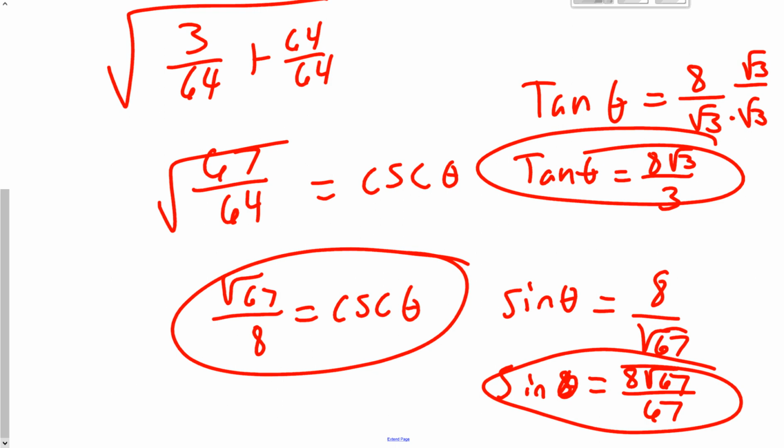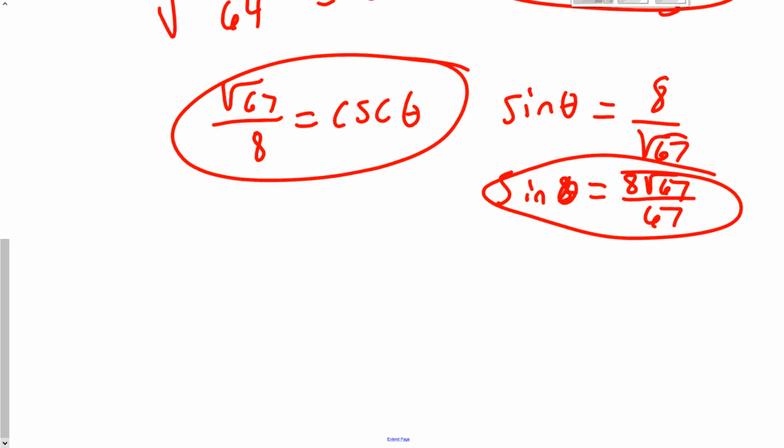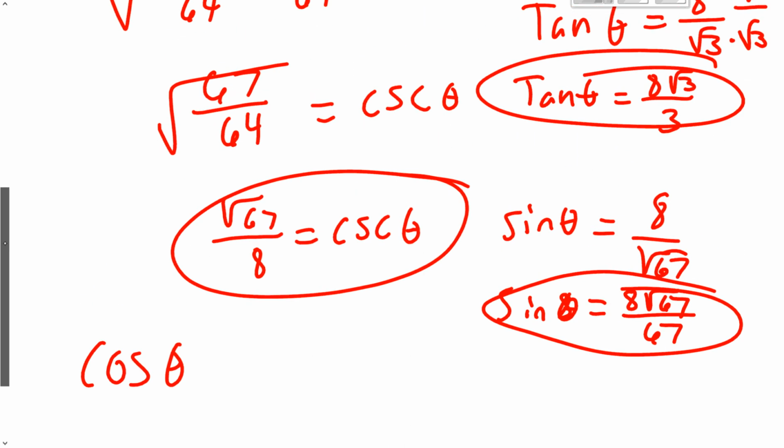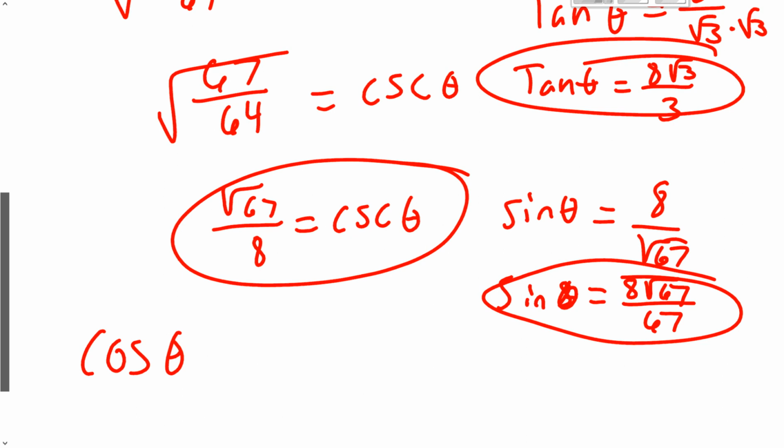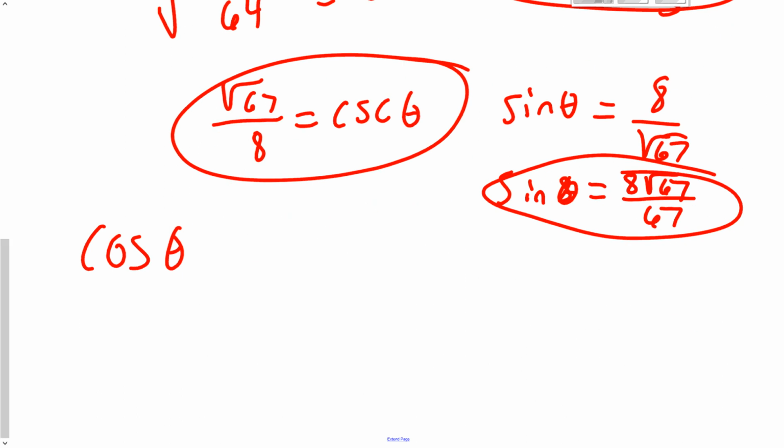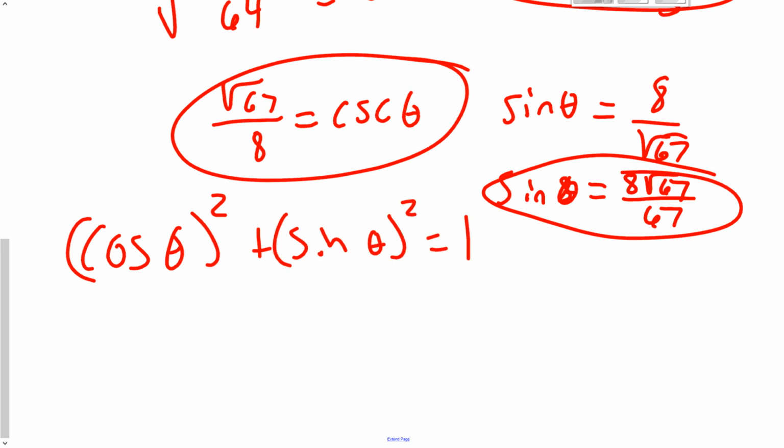So there's that. And then we can go ahead and find cosine. So you can do a lot of different things finding cosine. You can use the fact that you have sine and you have tangent, like we did on the last example. Or we can go ahead and use cosine squared plus sine squared equals 1. So that's fine too.